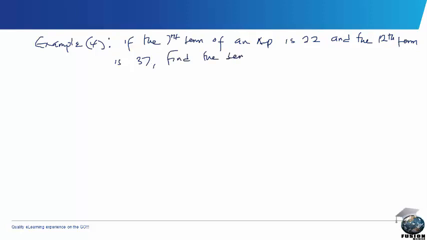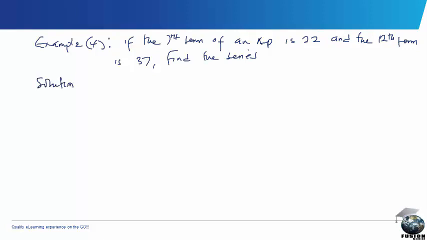You see, we don't know the first term of the AP, we don't know the second term, but we've been told the seventh term and the 12th term. All you can do here is to write out using the method for finding the nth term and then solve simultaneously. I'll show you how you do that.